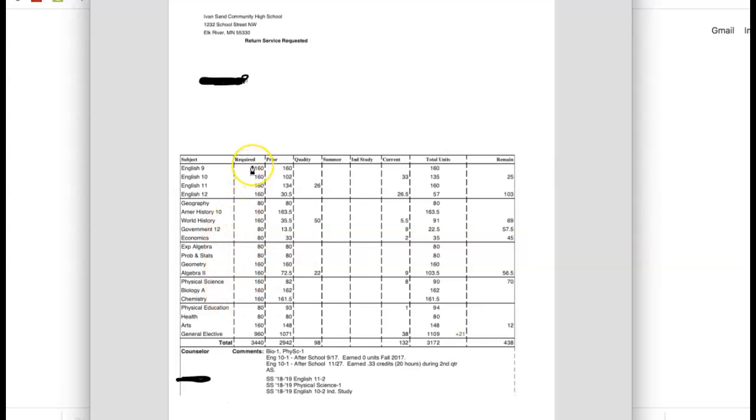And each class, each semester, is worth 80 units. If a class is 2 semesters, like American History, so spring and fall semester, it is worth 160 units. Ooh, not sure why that's not working.